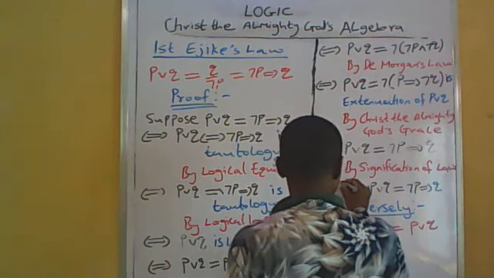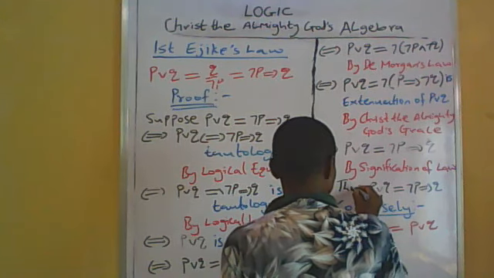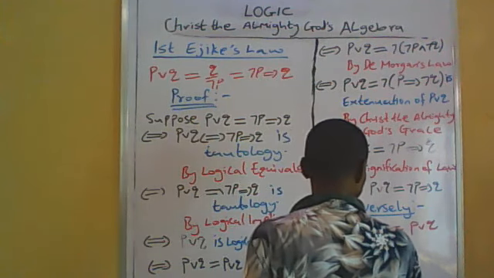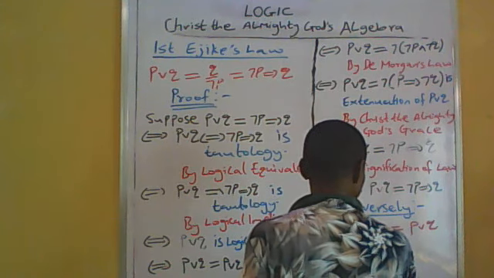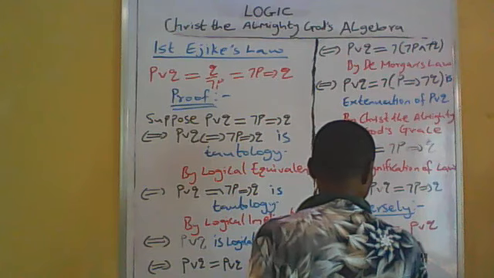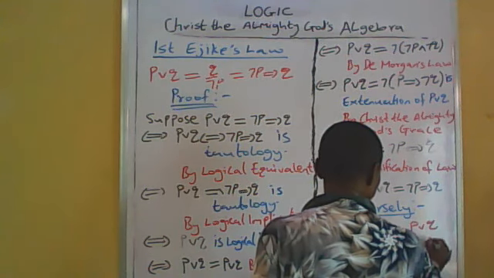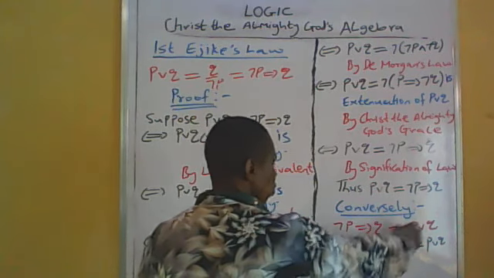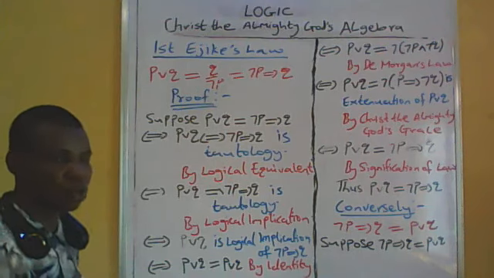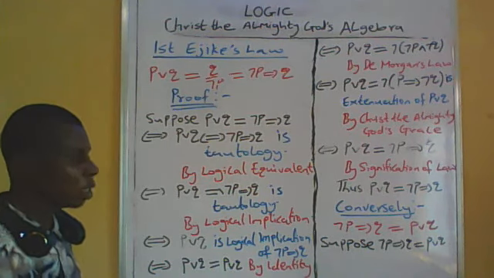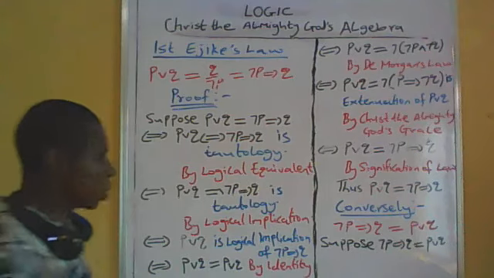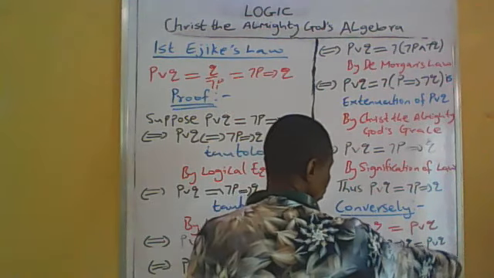Suppose not P implies Q is equal to P or Q. We assume as a hypothesis that it is true that not P implies Q is equal to P or Q. Now, since this statement is logically equivalent, whenever the left side of the equation is true, the right side is also true.